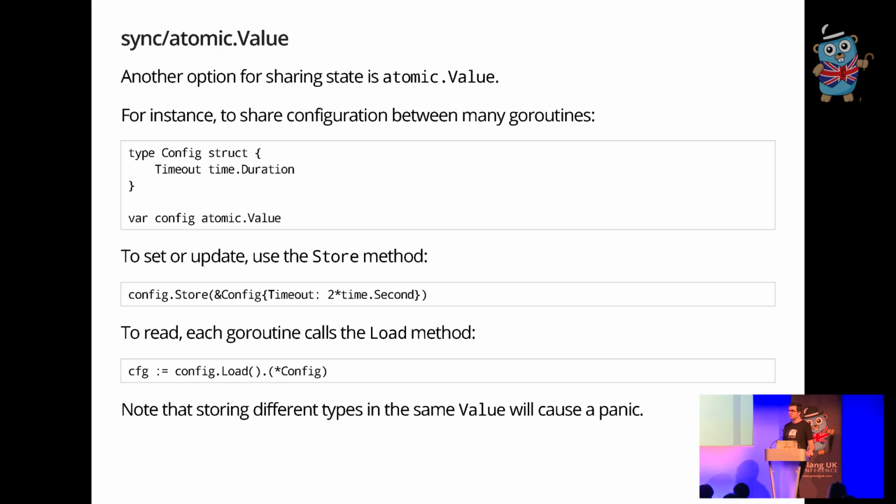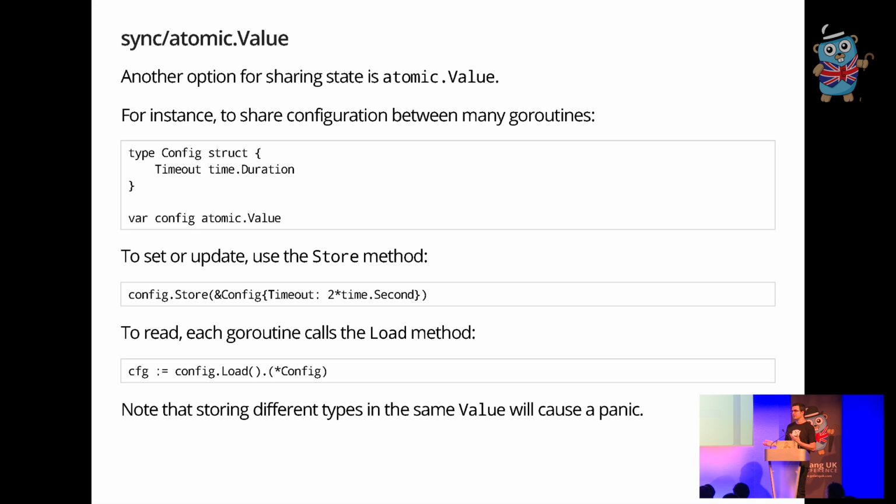There's also another tool in the atomic package called atomic.Value, which lets you store any interface value and load and store that value in a concurrent-safe way. So, for instance, you could use this for sharing configuration. If you have some global configuration for your service, and you want each of those handlers to always see the latest version of that configuration, you would have a global config atomic value, and then you can store it using the config Store method, passing in your new configuration.